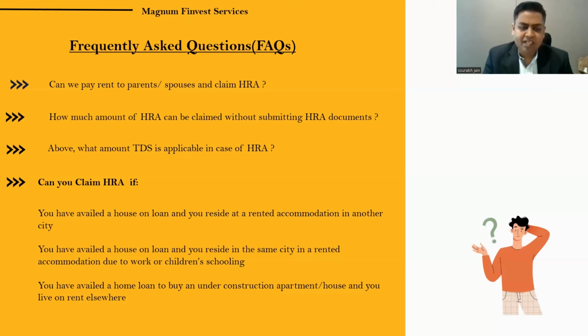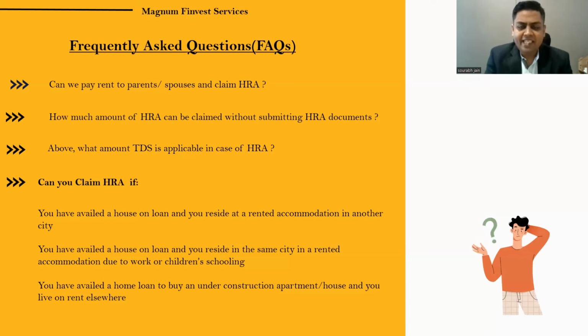You can claim both. Confusion arises if you stay in the same city, you are staying in a rent and you own a house. That is where the company doesn't allow you to consider more than one aspect. Either you can claim HRA or interest exemption on your housing loan. But income tax clearly does not restrict you from claiming both HRA and housing loan.